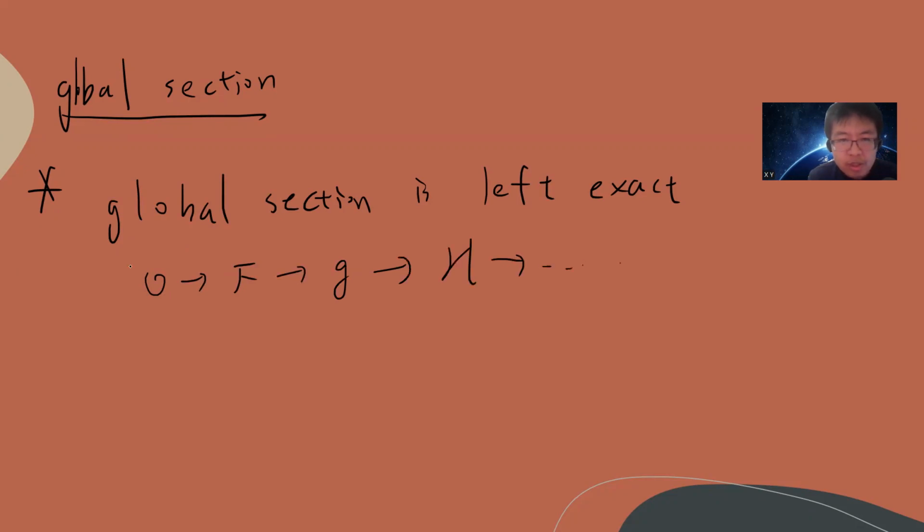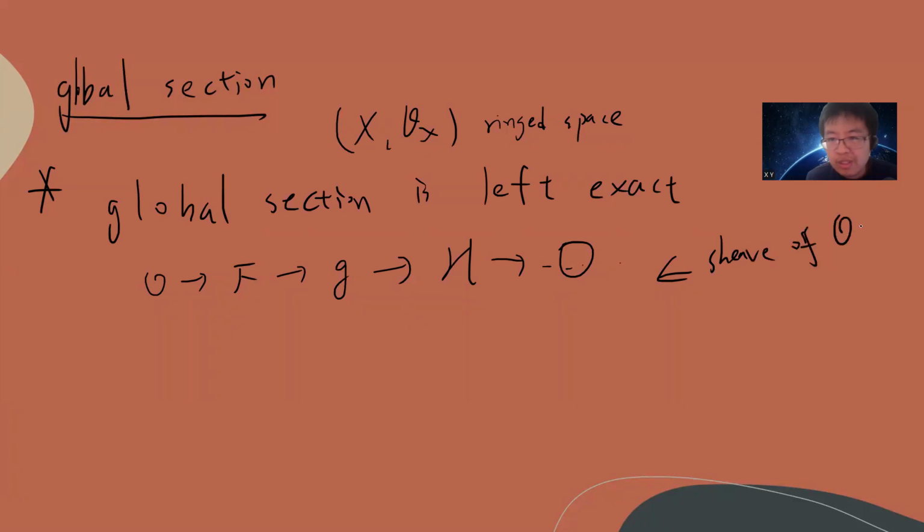OX is a ringed space, and F, G, H are sheaves of OX-modules. When I say exact, I mean that each stalk is exact, so for each small x, they are exact. And we are going to say the global section is left exact.